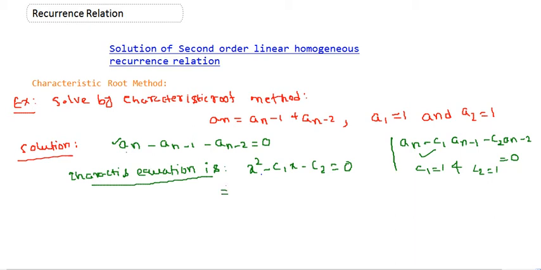So our characteristic equation becomes x squared minus x minus 1 equals 0.